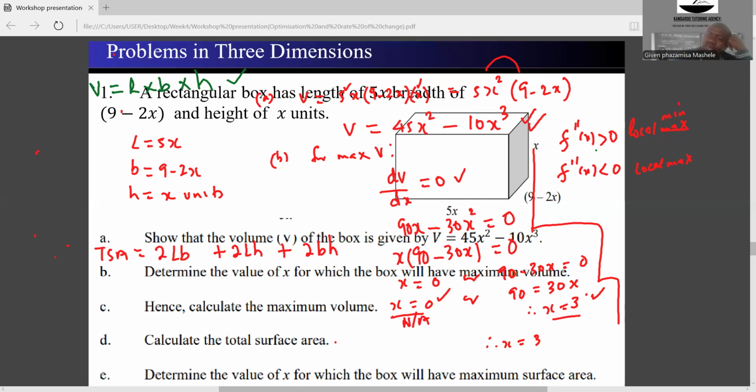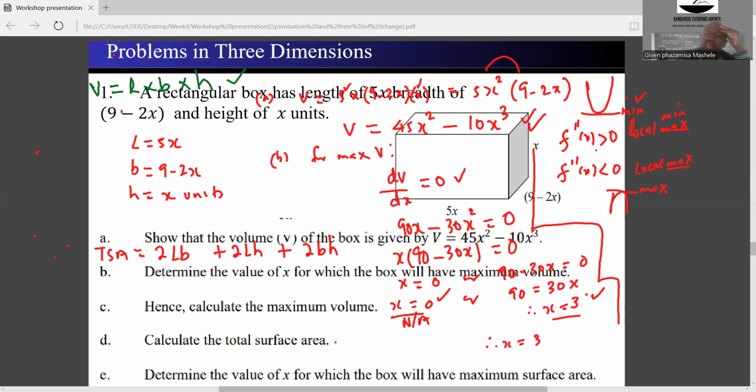I apologize. Because when the second derivative is bigger than 0, the parabola will have a smile face. And since it has a smile face, it means we'll have the minimum turning point. And with the second derivative less than zero, in terms of a parabola, it will have a sad face, which will give us a maximum turning point.